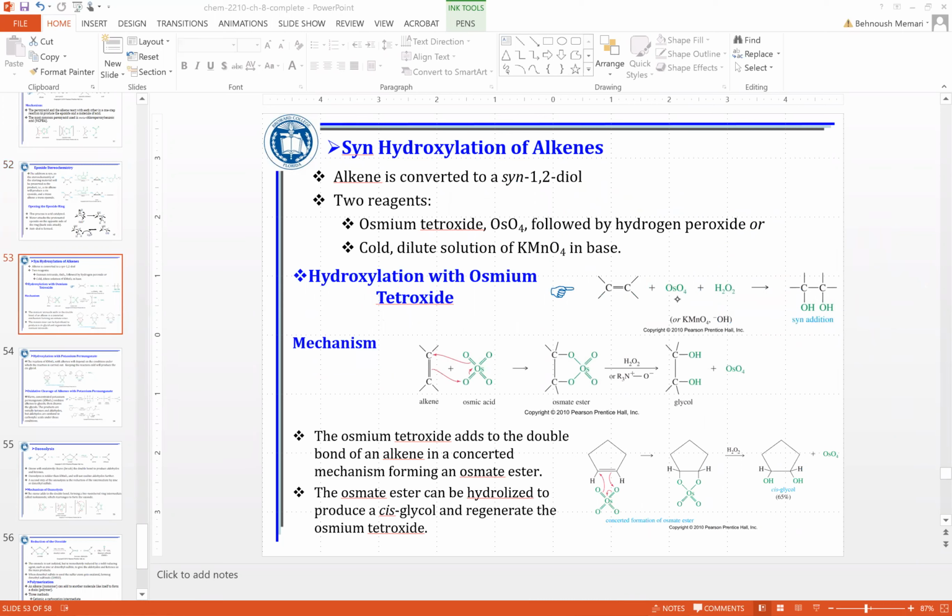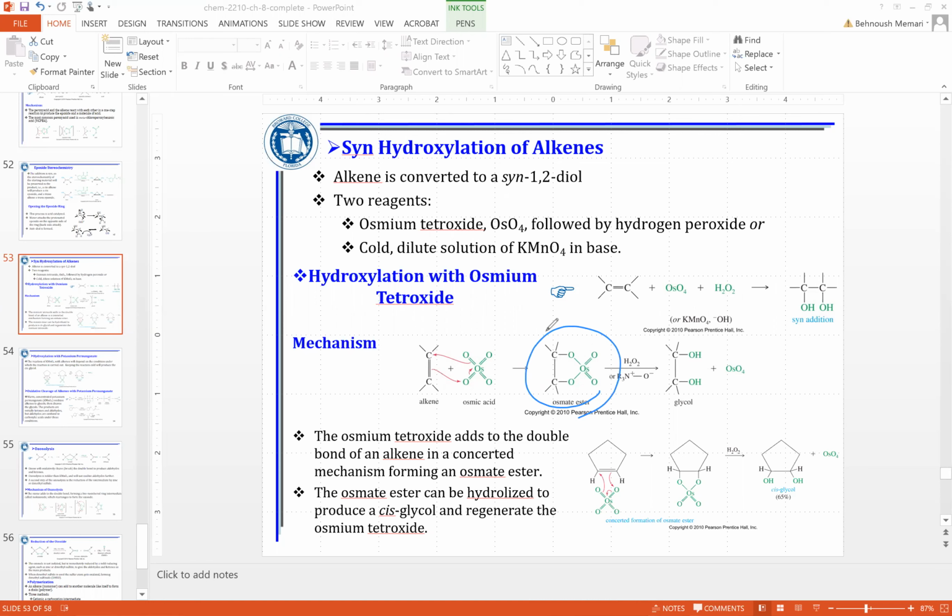treating alkene with osmium tetroxide in the presence of H2O2. With osmium tetroxide, a bridge is going to form. And then just like hydroboration, when addition of H and OH, because there was a bridge in the mechanism part, then it was a syn addition.